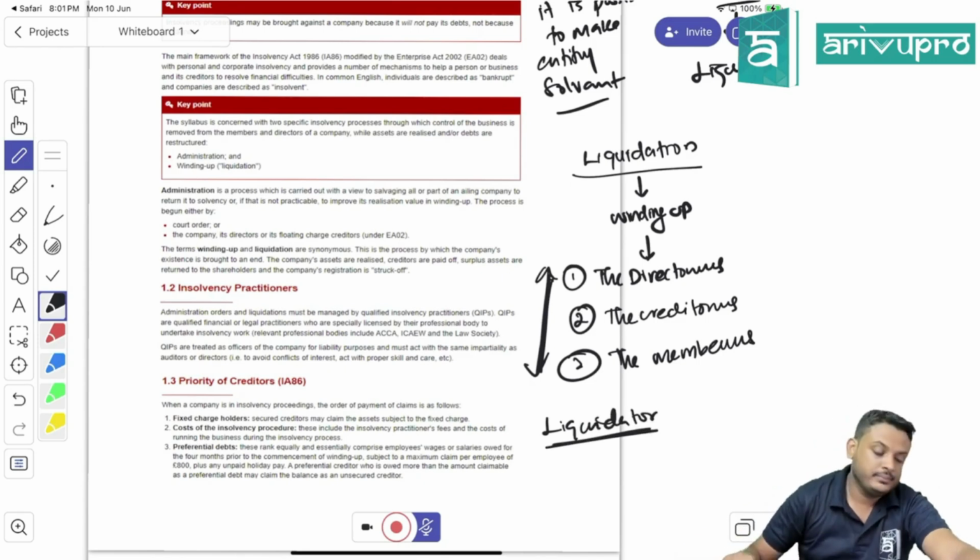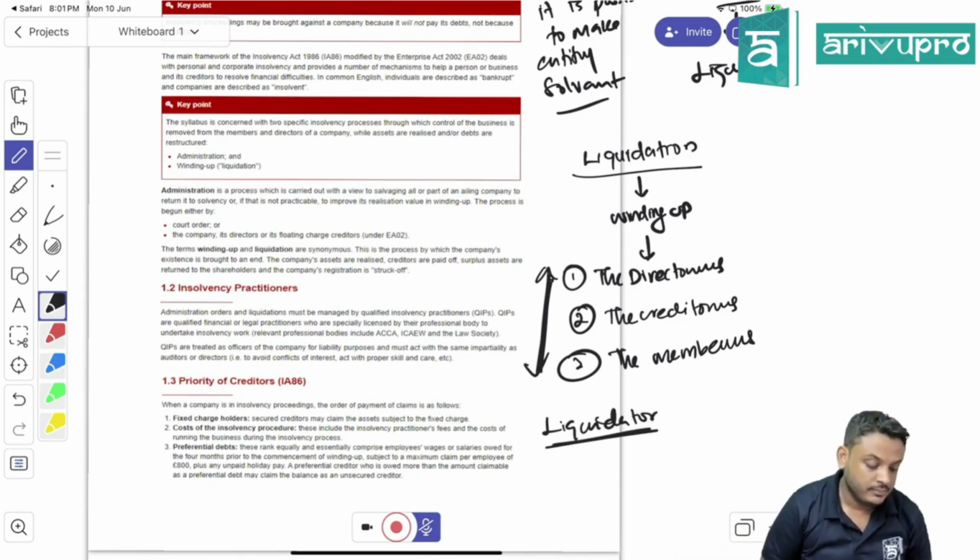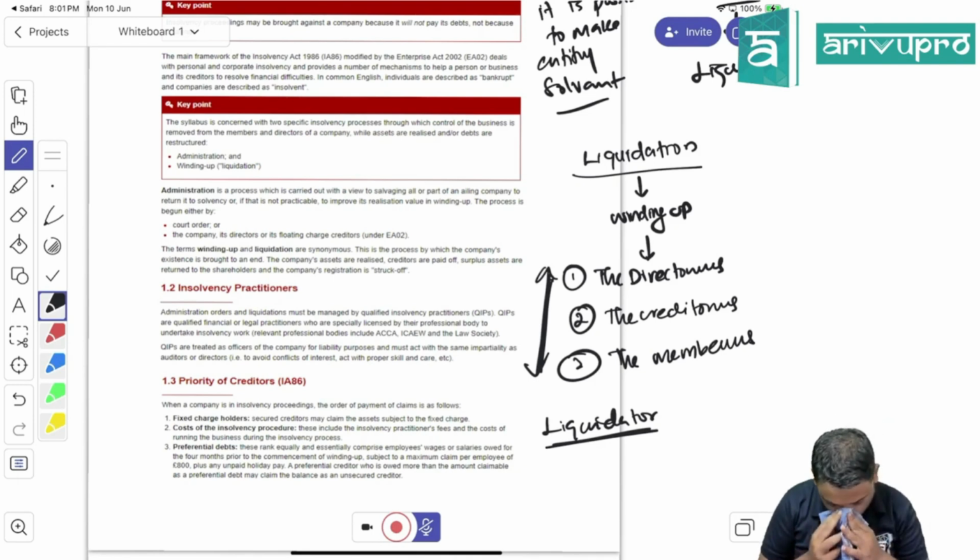The liquidator must be an authorized and qualified insolvency practitioner.